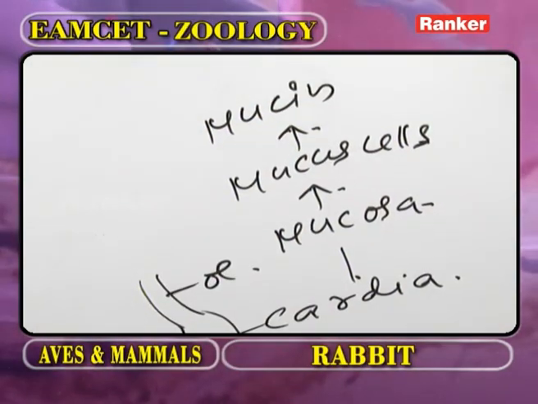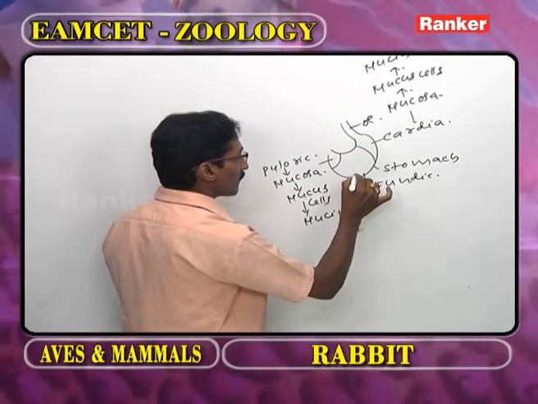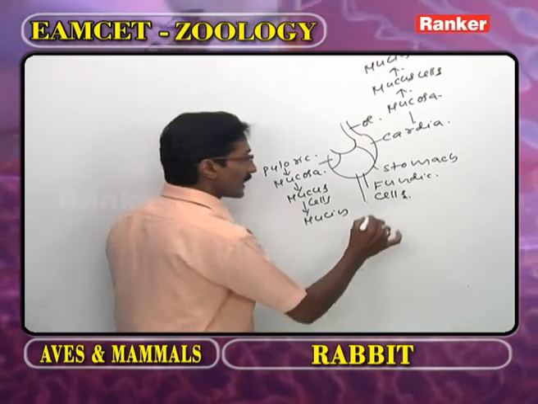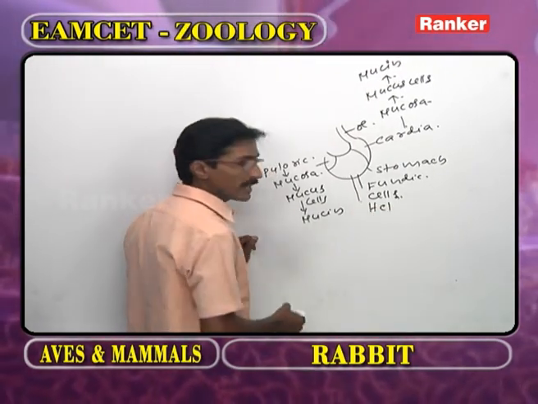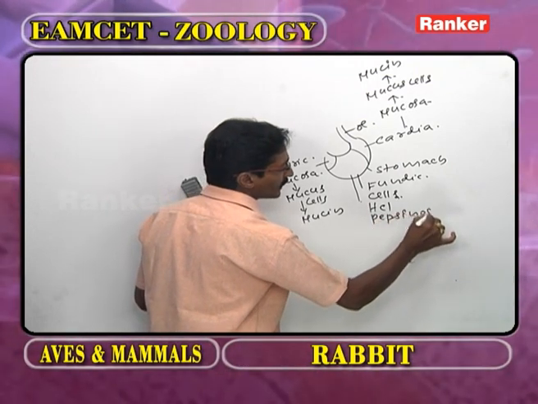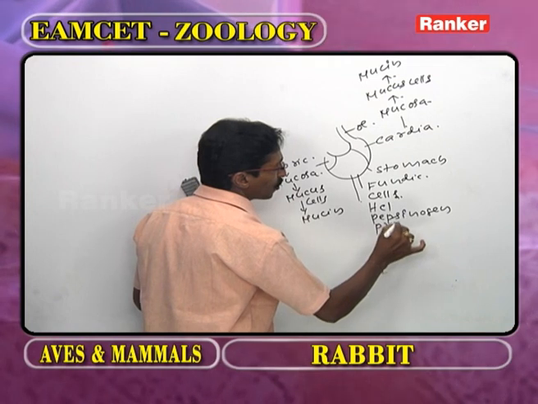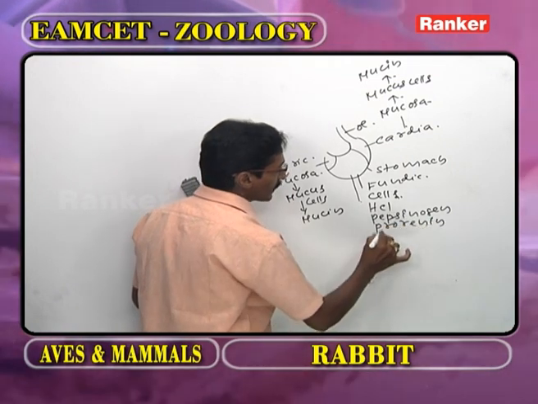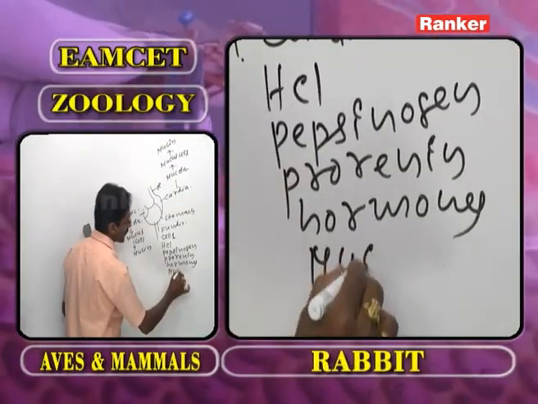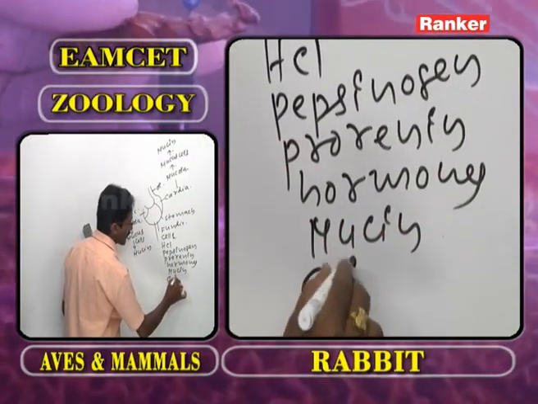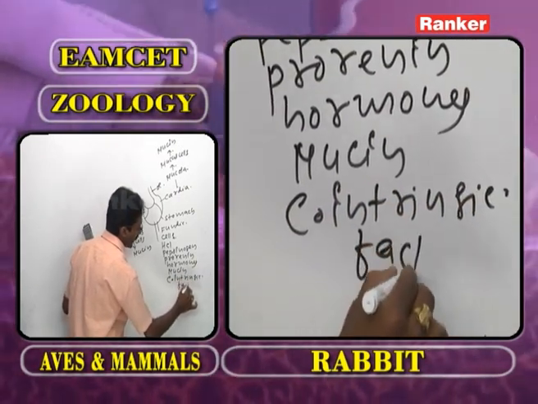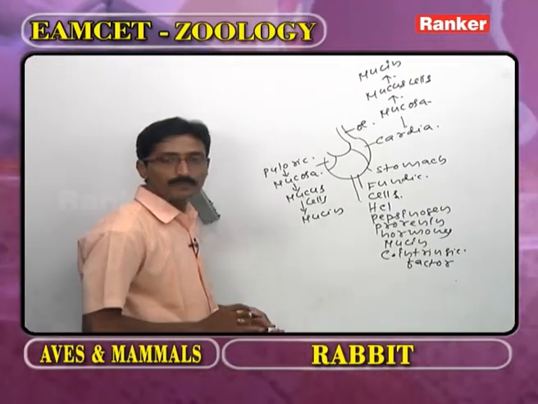But in the fundic stomach, different cells are present. These cells secrete HCl, inactive pepsinogen, inactive prorenin, some hormones, mucin and Castle's intrinsic factor. Students, again you have to observe the diagram.